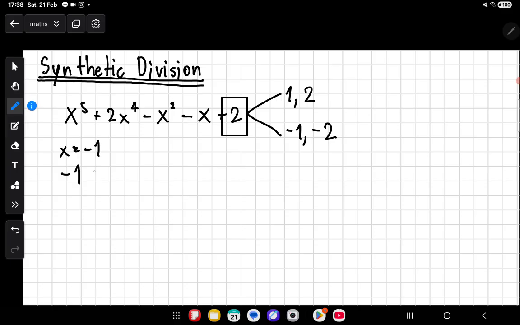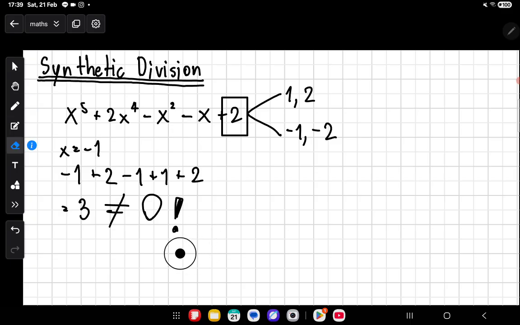So we have -1 plus 2 minus 1 plus 1 plus 2. So that is 3. So that's not equal to 0. Right? Please don't confuse this for factorial.